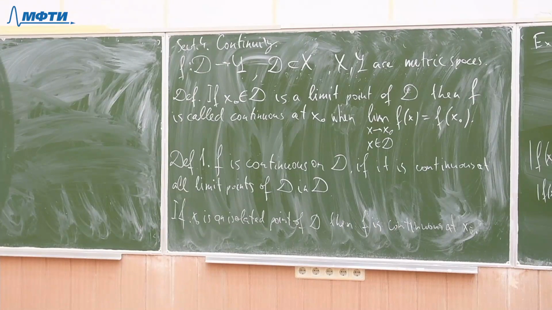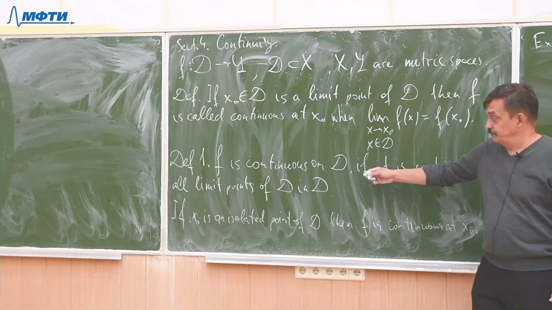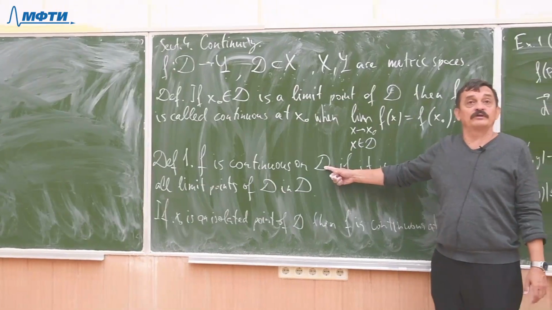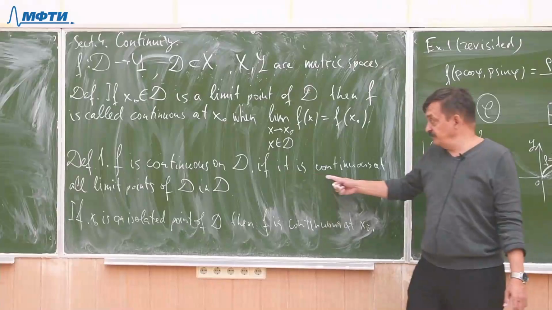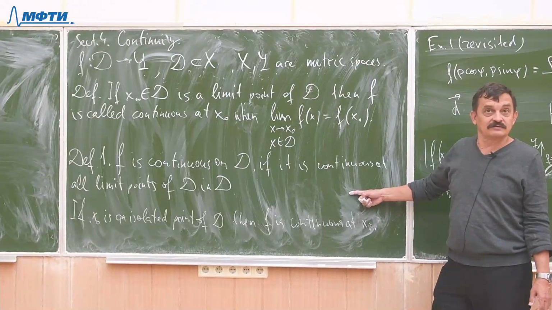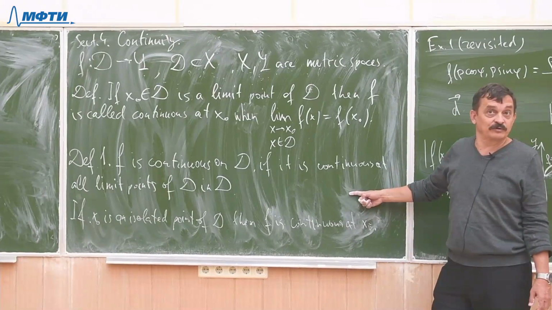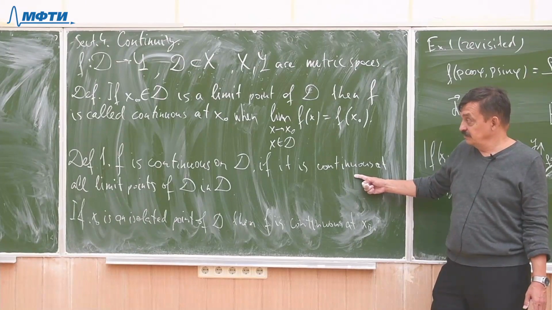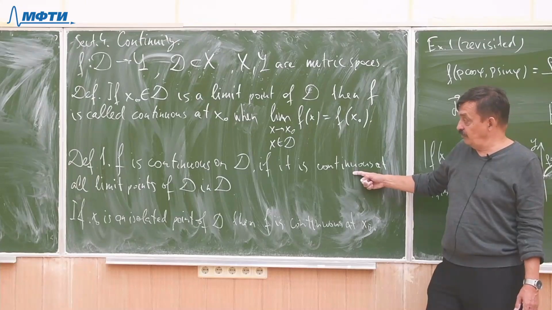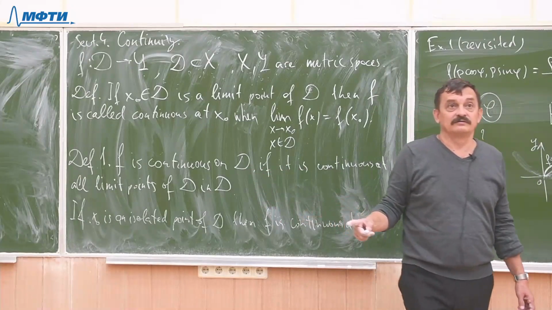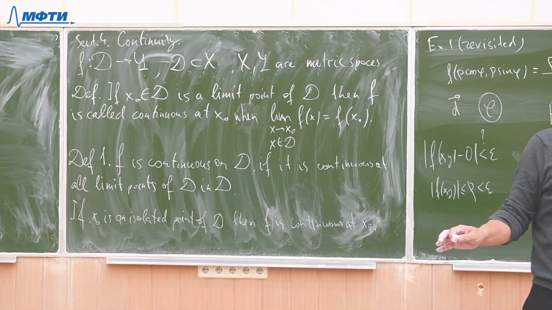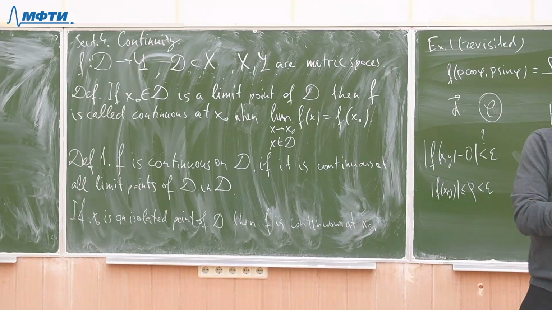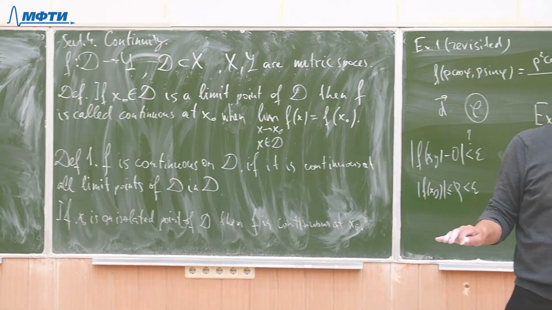So look, if you have an isolated point here, then according to that definition we are not interested in the behavior of our function at that point, because here we ask something only for limit points. For isolated points we don't care absolutely about the behavior of a function.